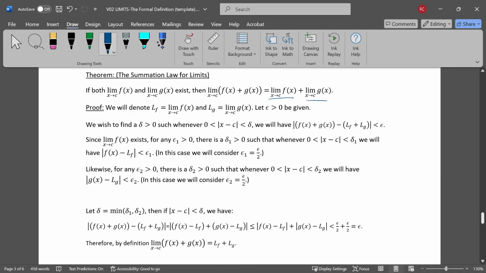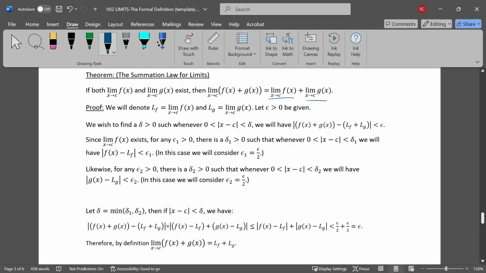Now, we're going to look at epsilon 2 greater than 0. There is a delta 2 greater than 0, such that whenever the absolute value of x minus c is less than delta 2, then the absolute value of g of x minus L sub g is less than epsilon 2. In other words, we just restated the definition of the limit for g, but we used epsilon 2 and delta 2.